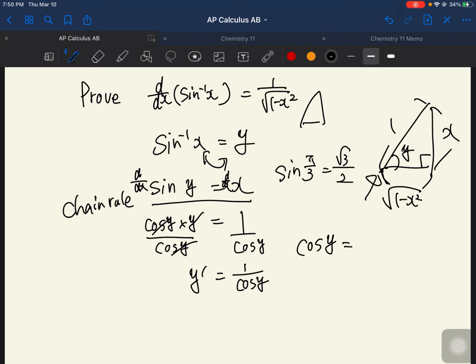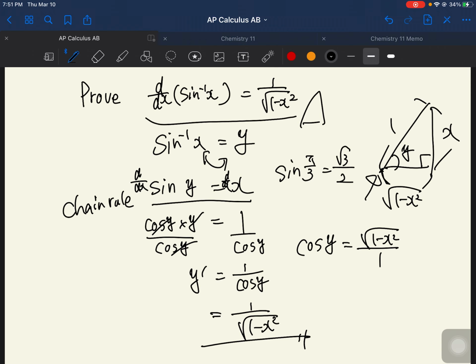Cosine y is this length over this length, so square root of 1 minus x squared over 1. Then yeah, now you know what cosine y is. So y prime is going to be 1 over square root of 1 minus x squared. That's it. That's how you prove this equation.